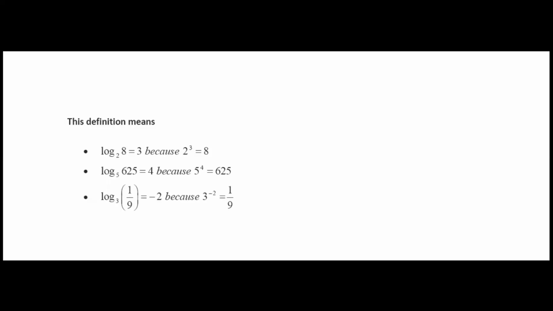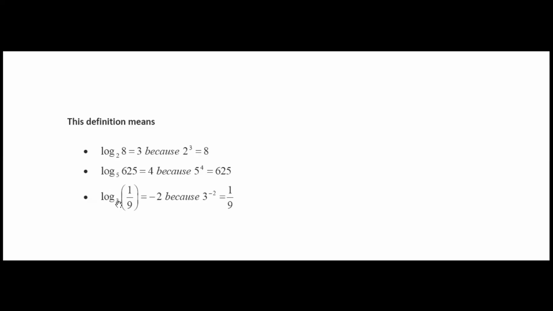Let's look at some examples to make sure you understand what that definition we just observed means. Log of 8 to the base 2 is 3. Why? Because 2 cubed is 8. The log of 625 to base 5 is 4, because 5 to the 4th is 625.